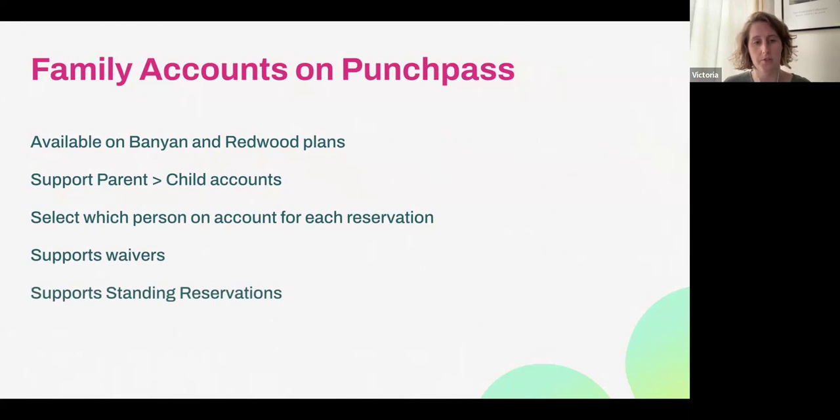And also standing reservations, because we do know that on occasion you have a class time and you have the same people who show up every week, and you want to support that, and how that works with child accounts. It's really super simple. Again, I think our team did an awesome job. So it's a nice little overview.